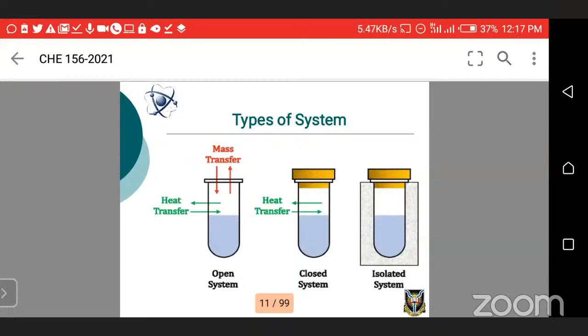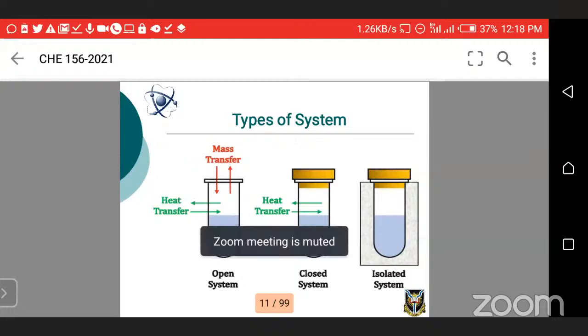And if you look at the second test tube, where you will see the closed system, it allows transfer to come in, but does not really allow free passage to the surroundings.